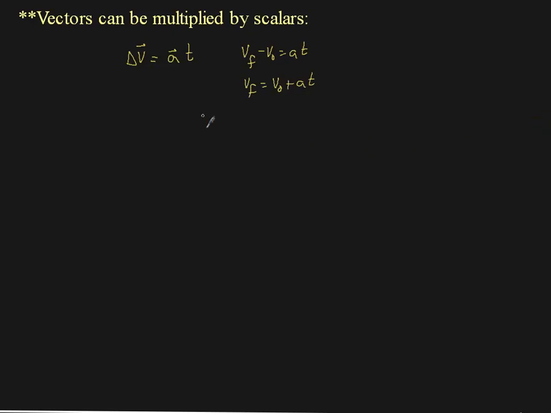All right, now, returning back to what we have here, if you look carefully, you can see that this is our vector, and this is going to be our scalar.